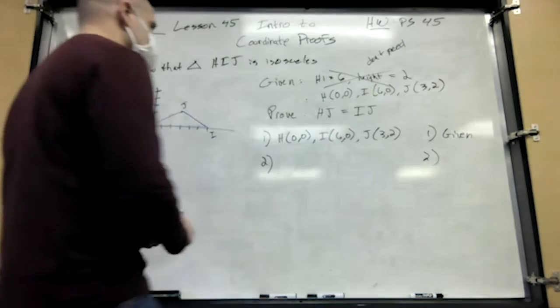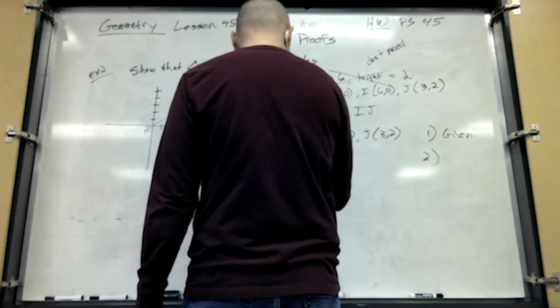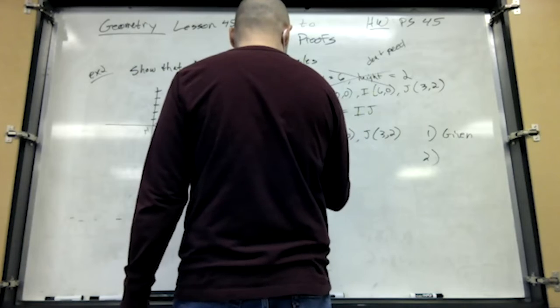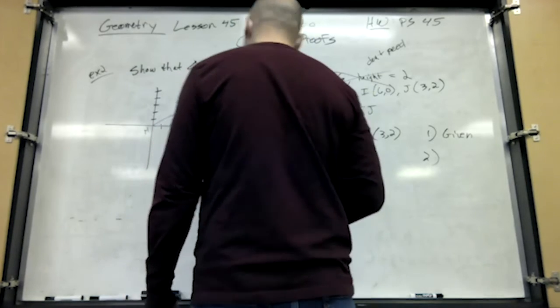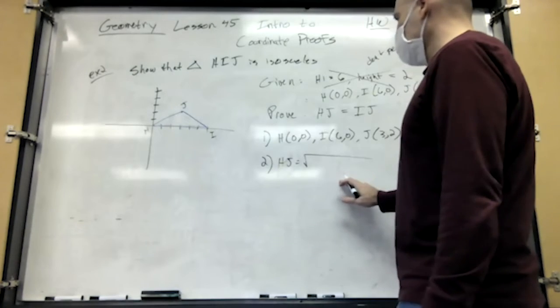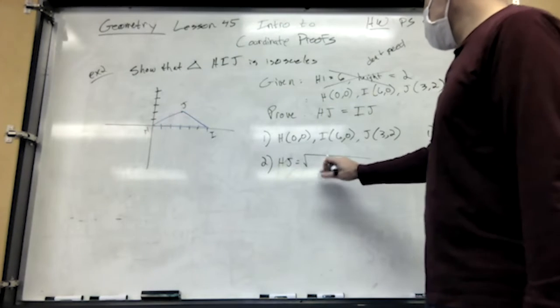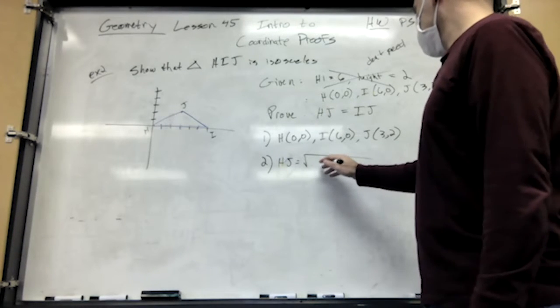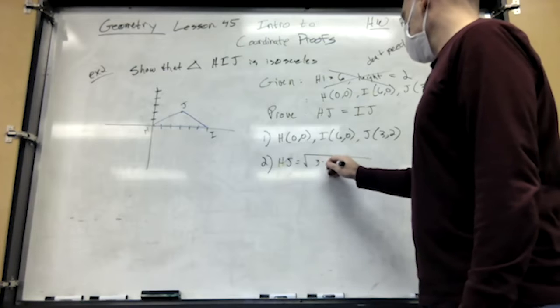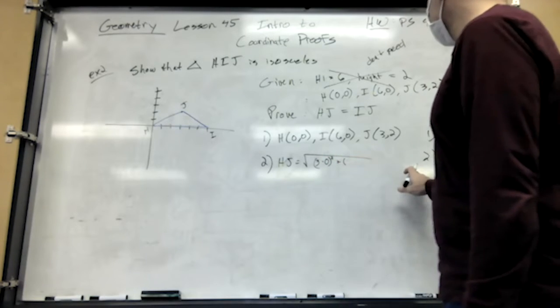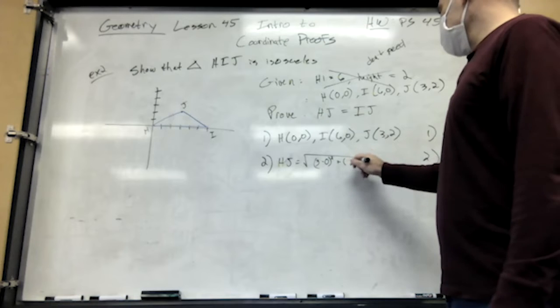Yep, calculate the distance. So HJ equals the square root of the difference of x's squared plus the difference of y's squared. Yep, so 3 minus 0 squared plus 2 minus 0 squared.